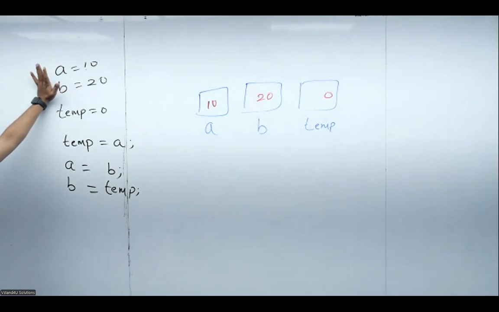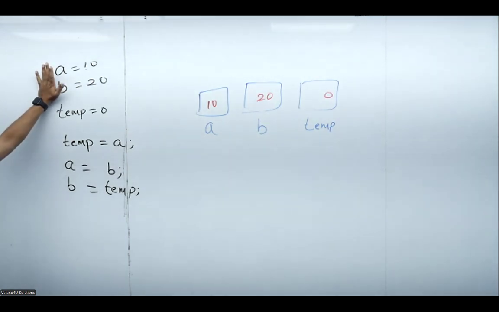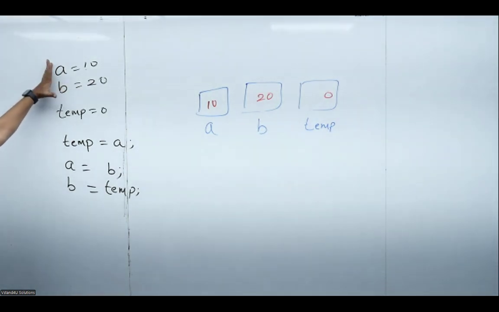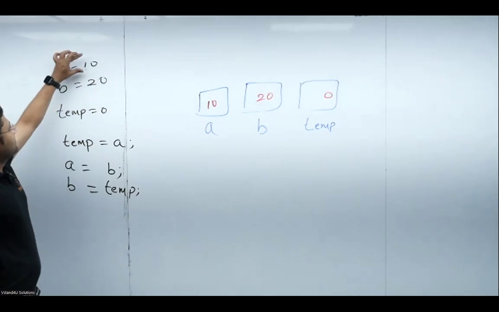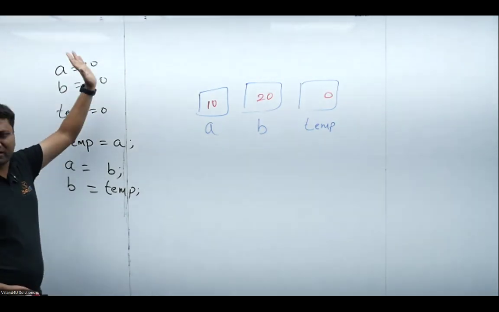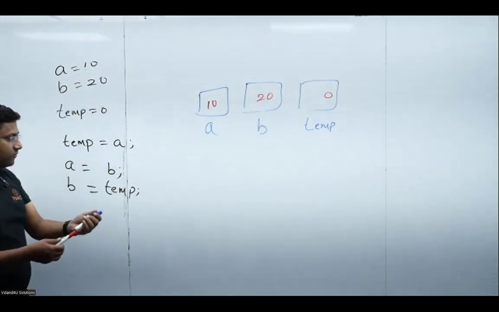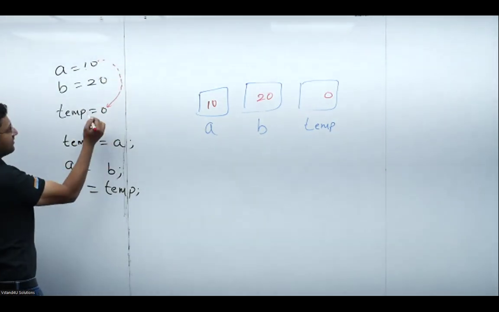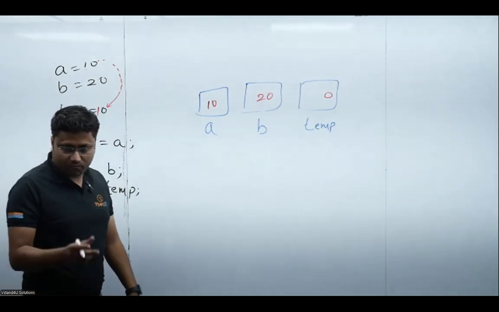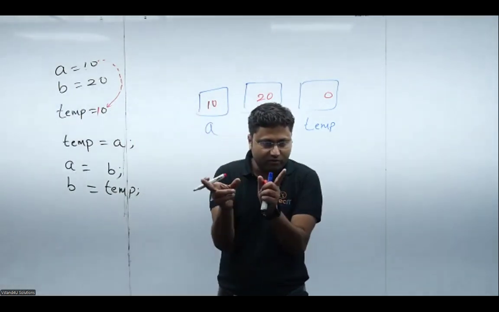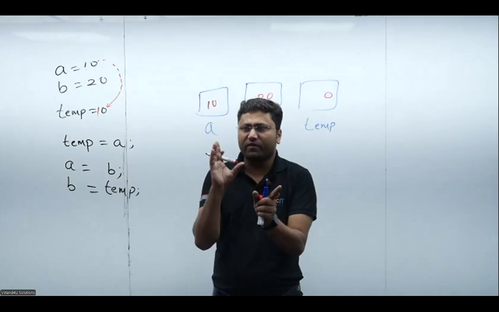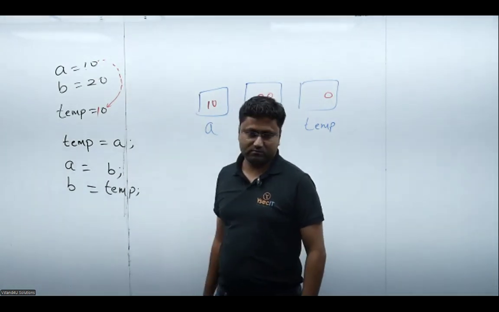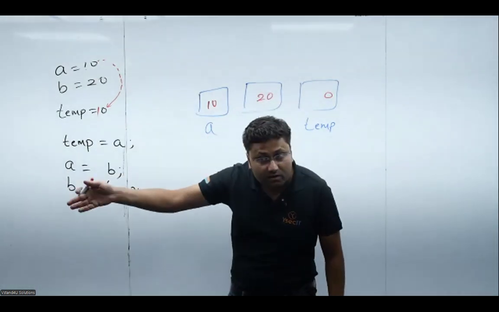For this, what logic are we using? Pay attention. Focus. The logic is simple and straight. Whatever the value, of one of the variables, it's not A or B specifically, any variable you like, one of the variable values, you preserve it somewhere in a third variable. Two variables are there, 10, 20, A, B. One of the variable values you preserve in a third variable. Are you with me?